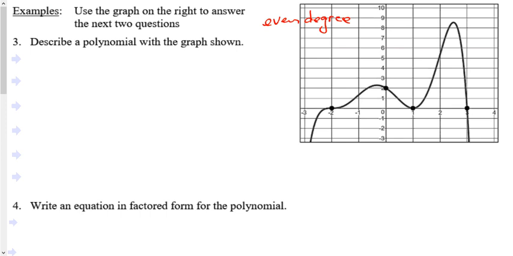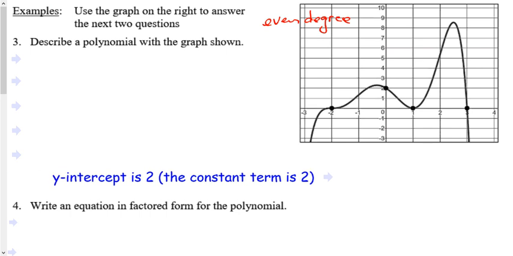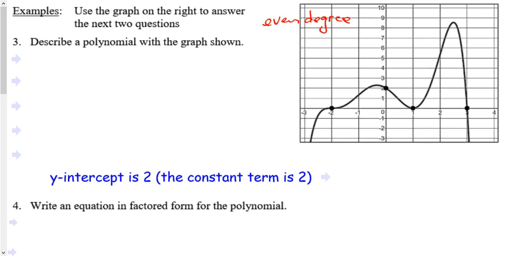Okay. Where's one? Constant term is positive 2. I think that's this one. Yes. The y-intercept is positive 2, which means the constant is positive 2. Moise, thank you.